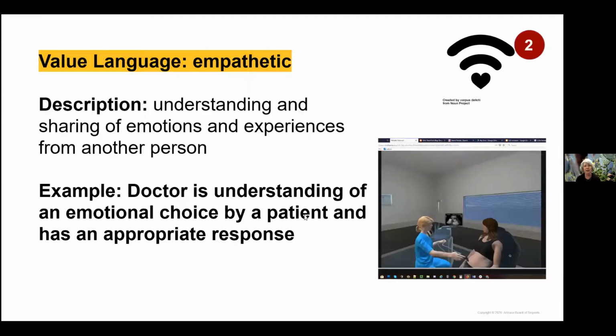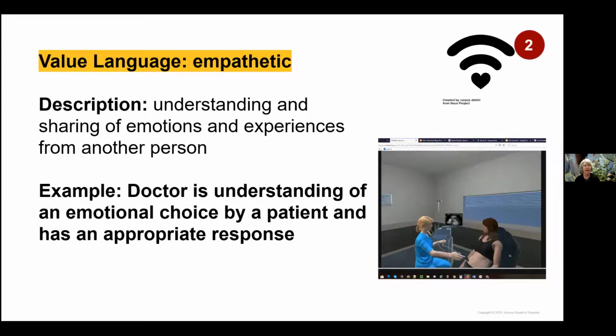We also wanted to make sure that the language was empathetic. So the idea of understanding emotions that were involved with this came up because we had a simulation, and it's pretty typical, where we're focused on the doctor making a diagnosis and the technical equipment and the technical medical terms that are going on there.